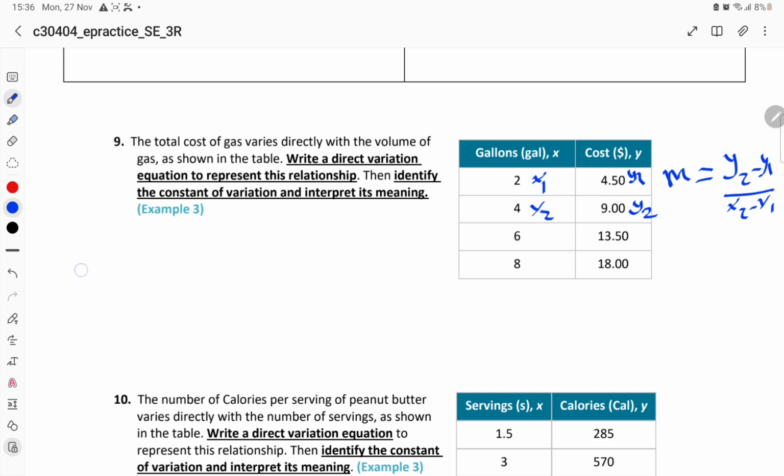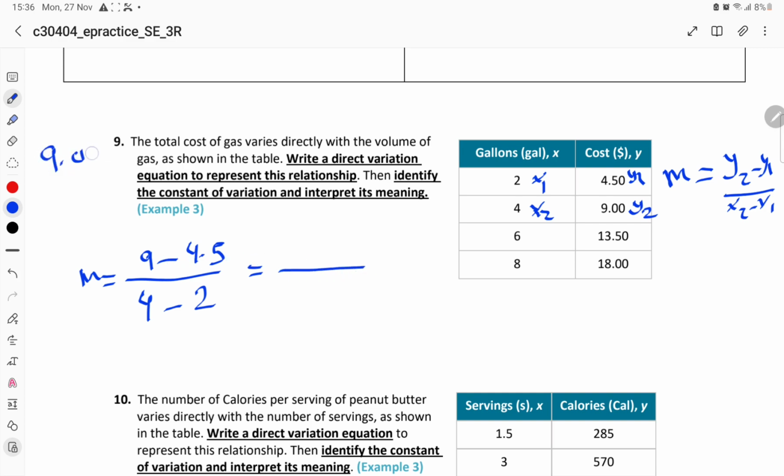So let's subtract. m equals, which is the constant of variation, y2, 9, minus y1, 4.5, over x2 minus x1. We started with the 9, so I must start with the 4. So 4 minus 2. 9 minus 4.5.